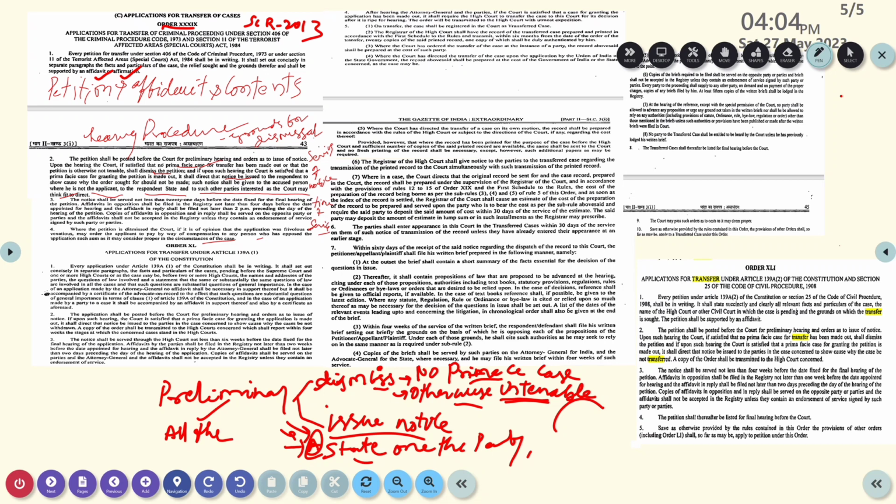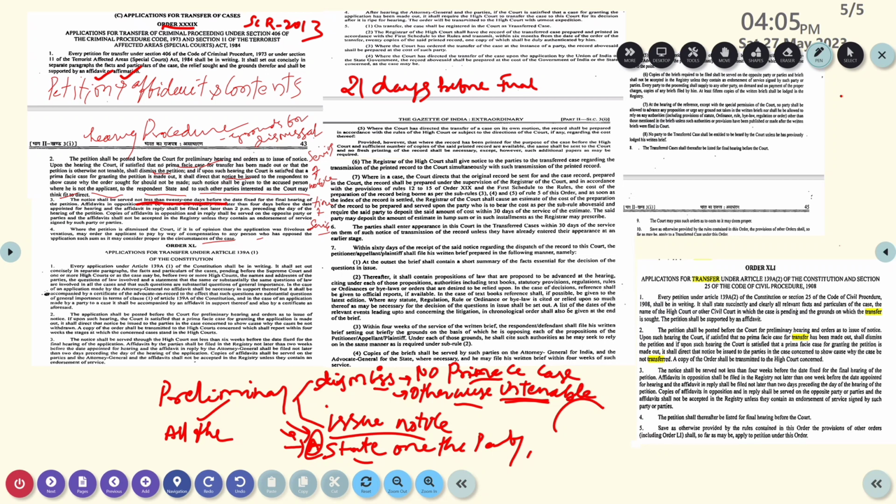Next, notice shall be served not less than 21 days prior to the date fixed for the final hearing of the petition. So before the final hearing of the petition, notice shall be served.